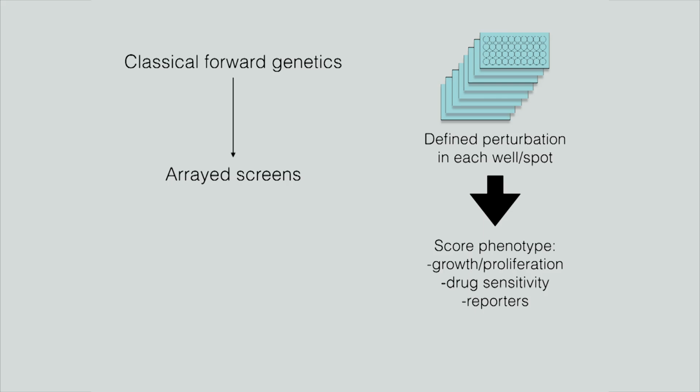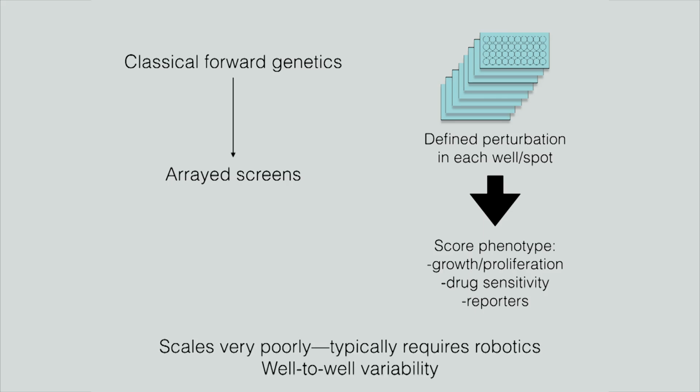But while this works for yeast, it really scales very poorly. You don't want to have a plate hotel in every lab, and especially for human genomes, you'd need plate super hotels, and there are lots of other issues with it. Like each well has its own microenvironment, and there are a lot of caveats.